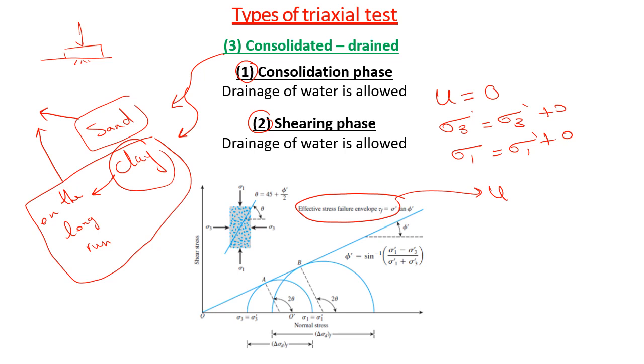So this test can be done on clay, which is the consolidated-drained test. This test can be done on clay on condition that you want to have the c dash and phi dash on the long run for the clay.